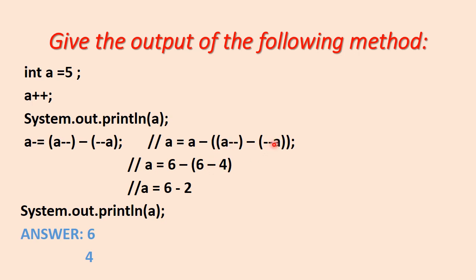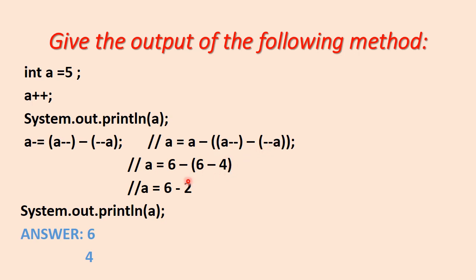And then here we are using the prefix decrement operator. Now the value of a is 5, but first it will decrease the value by 1. So 5 minus 1, 4. That 4 it will use in the expression.